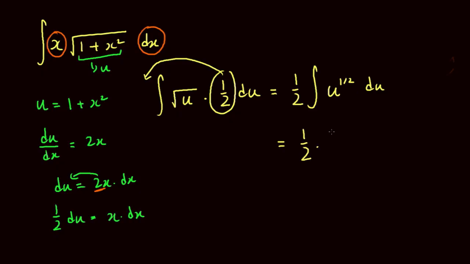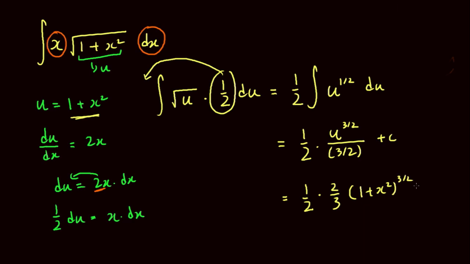It's just half times u to the power of 3 over 2, over 3 over 2, plus c. And we know that our u is just 1 plus x squared, so it's half times 2 over 3, and then you have 1 plus x squared to the power of 3 over 2 plus c.